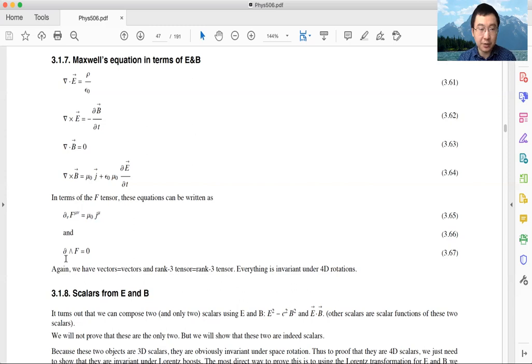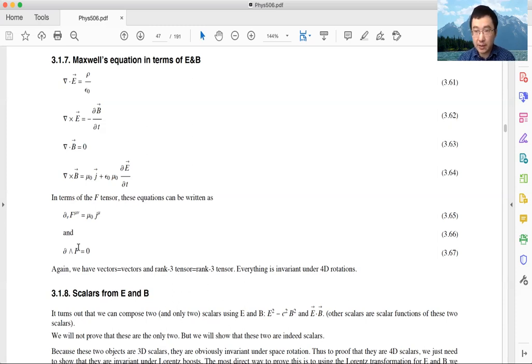The derivative, we know, is a rank 1 vector, and the E and B field is a rank 2 tensor. So for the other two equations, it turns out that it is also a product between the derivative vector and the F tensor. But that product is not the inner product. It's the exterior product we defined in the last lecture.